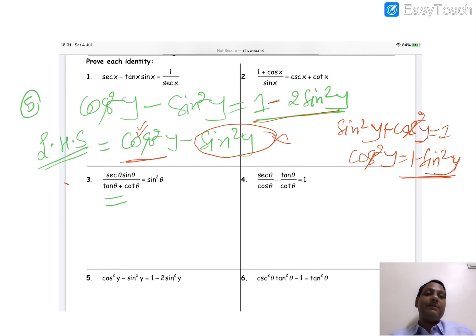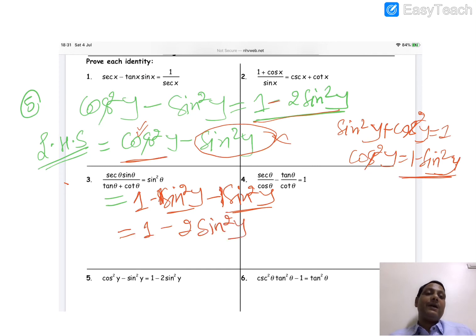So I'm going to implement here: in the place of cos square y, I'm going to write 1 minus sine square y, then minus sine square y. So finally we are going to get, as you know these both are like terms, and the coefficient is 1 for both, so we can write 1 minus 2 sine square y, and you see here, right?